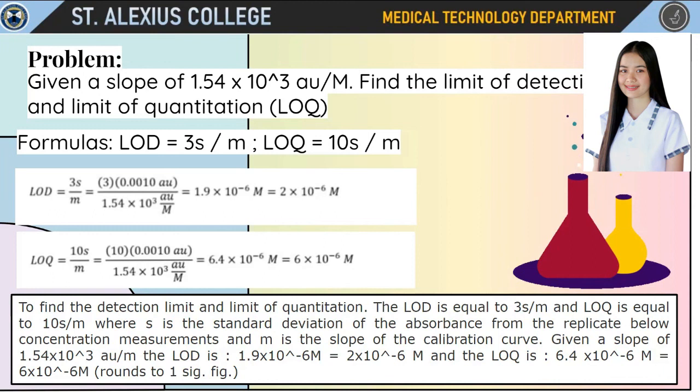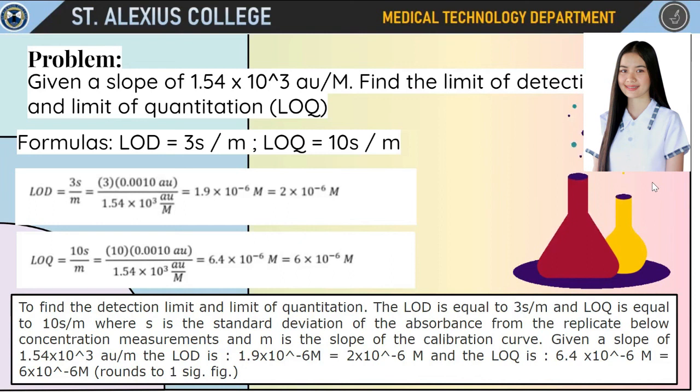The LOQ is 10S over M, or 10 times 0.0010 absorbance unit divided by the slope 1.54 times 10 to the third absorbance unit per molarity, which is equal to 6.4 times 10 to the negative 6 molarity. This rounds to 6 times 10 to the negative 6 molarity.